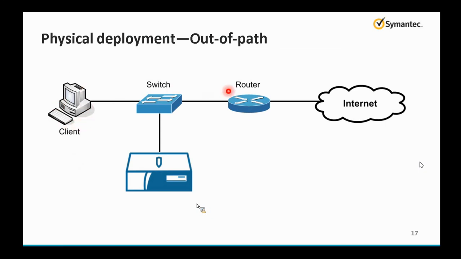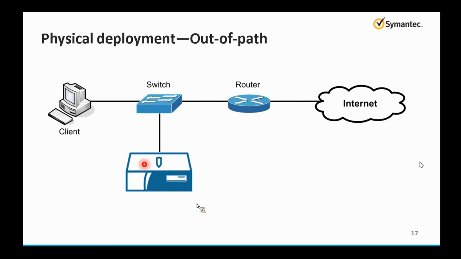It will just go to the switch, router, internet, bypassing the proxy, right? So in out of path, it requires that the user browser has to be configured to connect to the proxy. So out of path is primarily used for explicit proxy deployment. Okay, so you point the user browser to the proxy IP, proxy hostname.